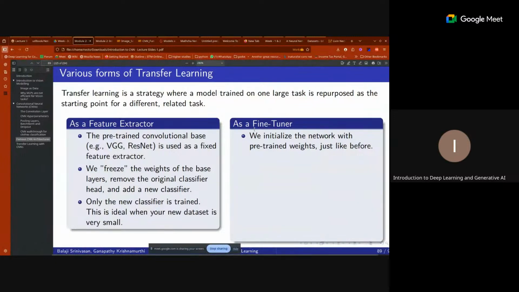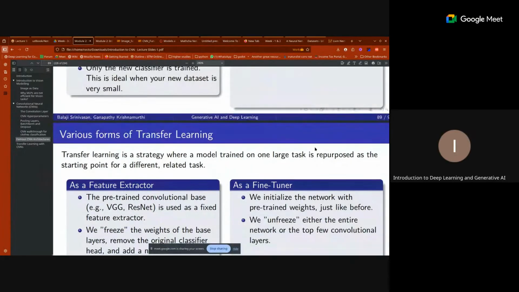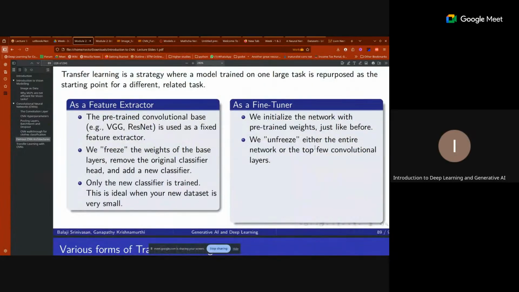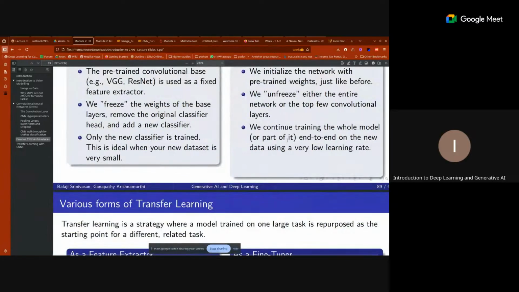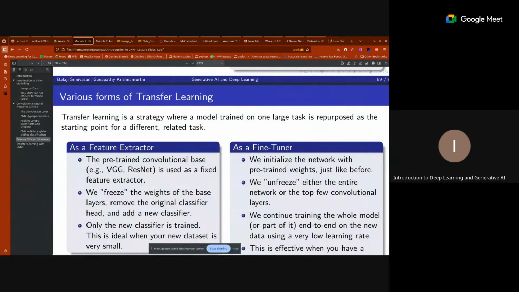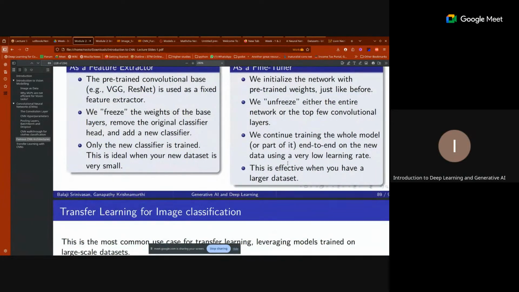Fine tuning is where you don't freeze, but you initialize the weights with the pre-trained weights. You don't do random initialization. You initialize with the pre-trained weights, and then you can do unfreezing at different levels. You can unfreeze the entire thing, or just the top few layers.